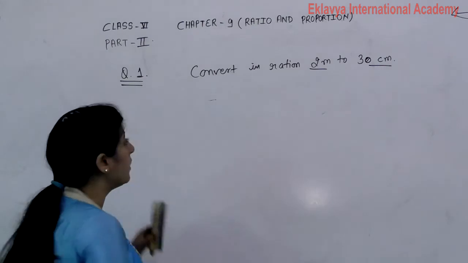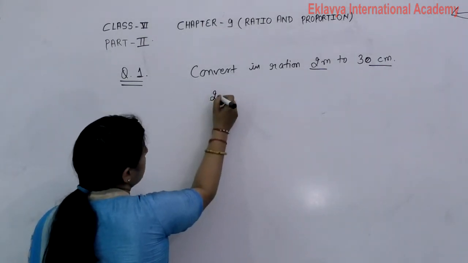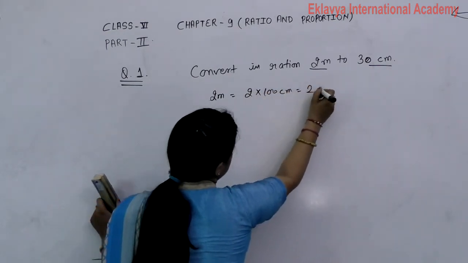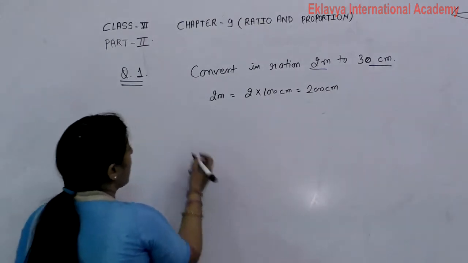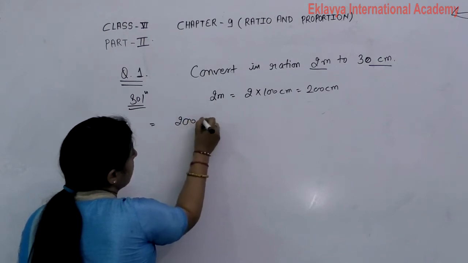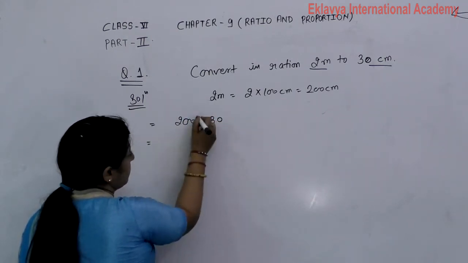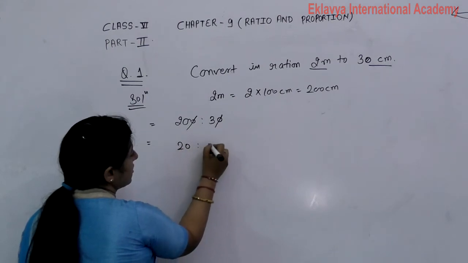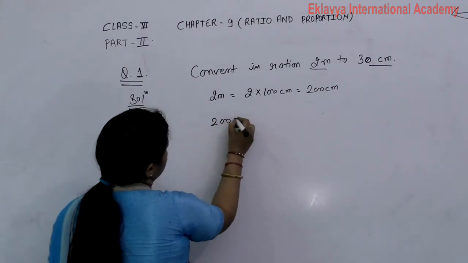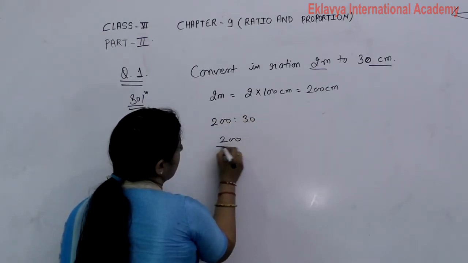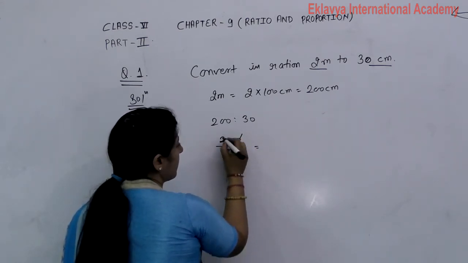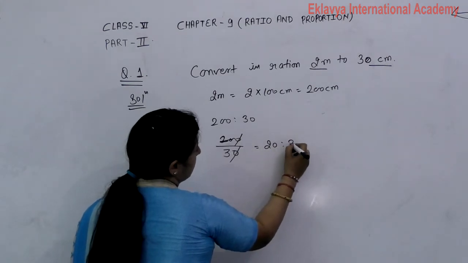So what we will do, firstly we will convert: 2 meter is equal to 2 into 100 centimeter, that is 200 centimeter. Now we can take the ratio 200 ratio 30, that is 200 divided by 30. 0 to 0 cancel, 20 or 3, we can't cut it.